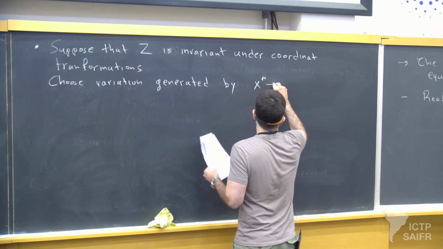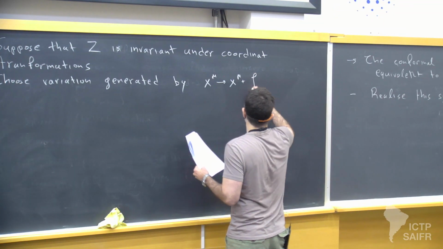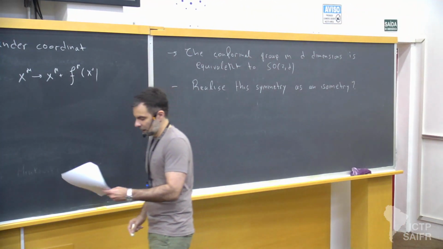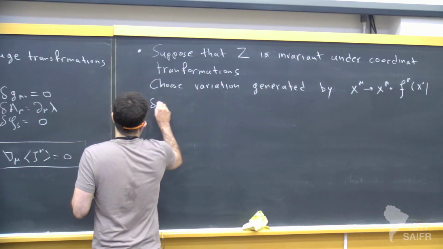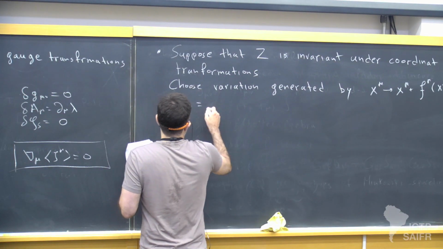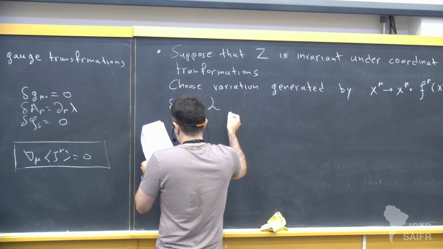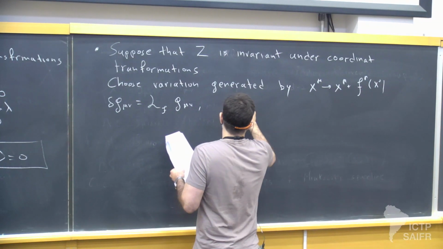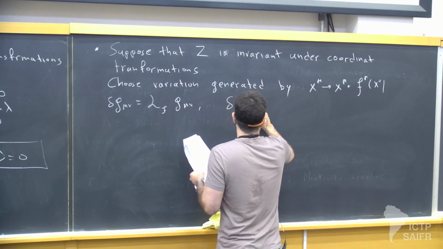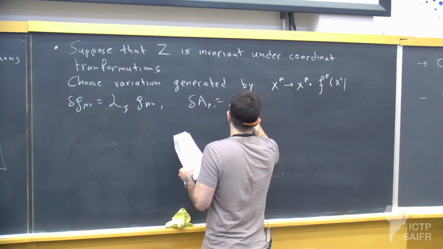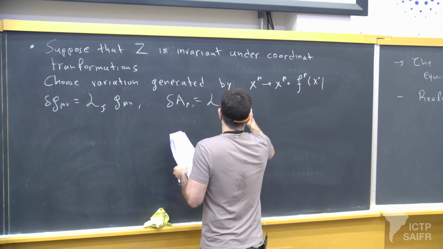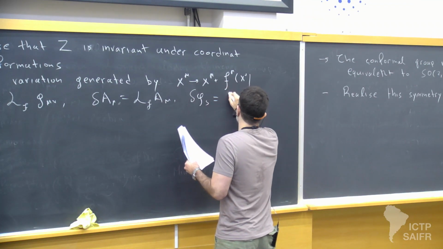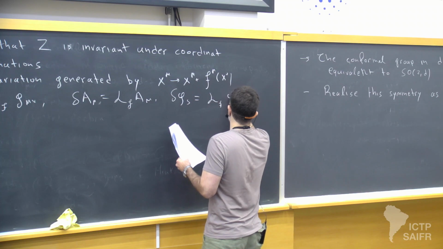So I'm taking x mu to x mu plus xi nu, and this is a function of x nu. Effectively, delta G mu nu will be the Lie derivative along the vector xi of G mu nu. The variation of the external gauge field will be the Lie derivative with respect to xi of A mu, and the variation of phi s will be the Lie derivative along xi of the source phi s.